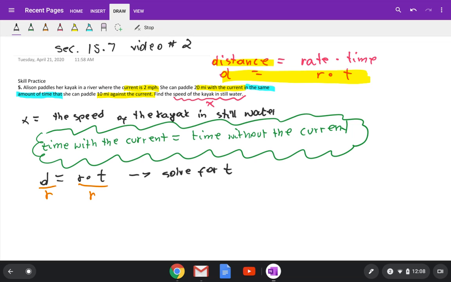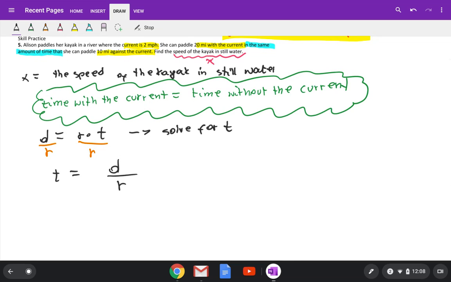So we know that time is equal to d over r. And again, don't forget that time with the current is the same as time without the current, and time is just distance over rate. So those two will go together.